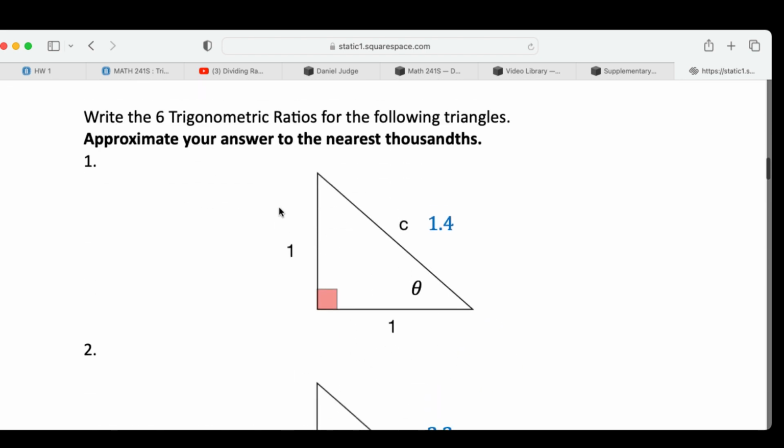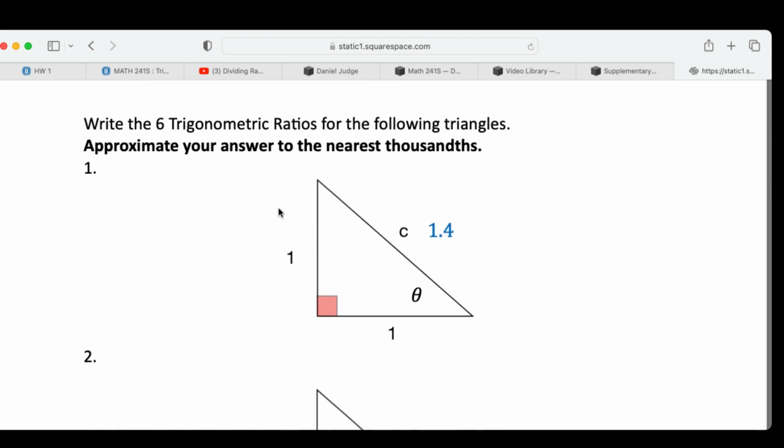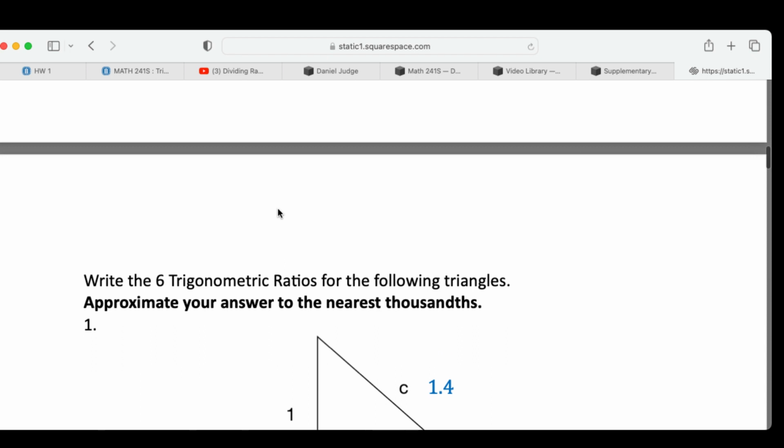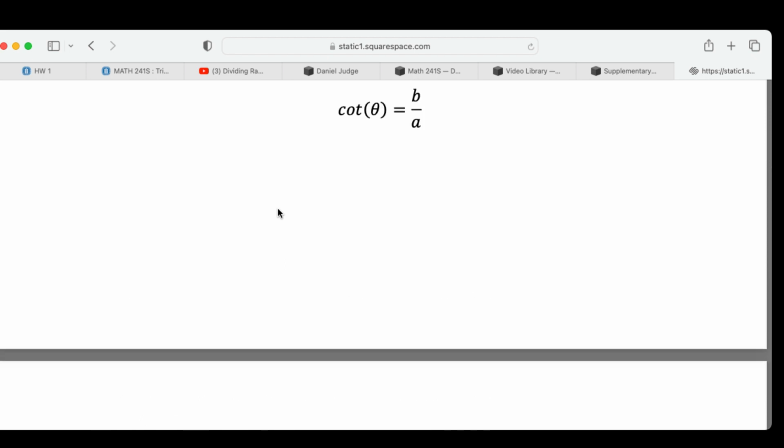But in this worksheet, ladies and gentlemen, I have this to the nearest thousands here. So I'll put the answers as well, just not maybe today. We'll see, maybe today, maybe tomorrow. And I want you guys to get started as soon as possible, okay?